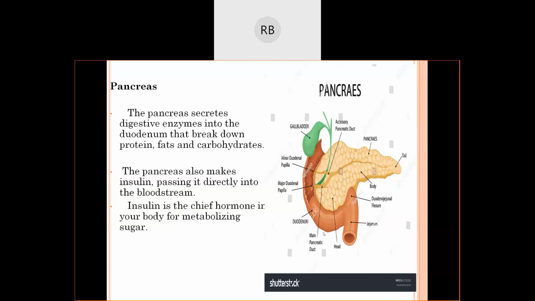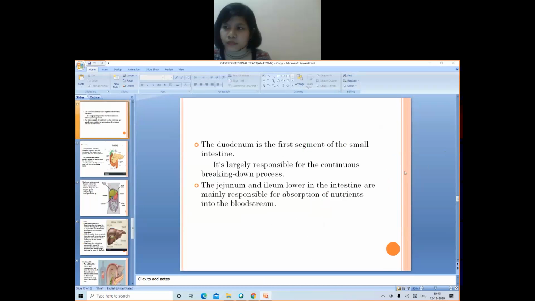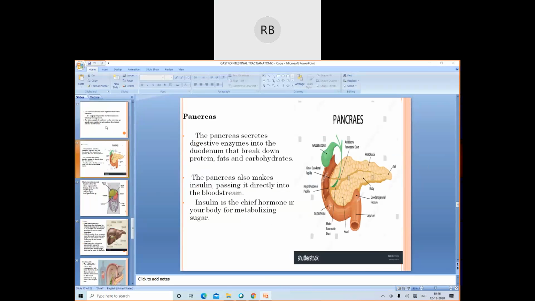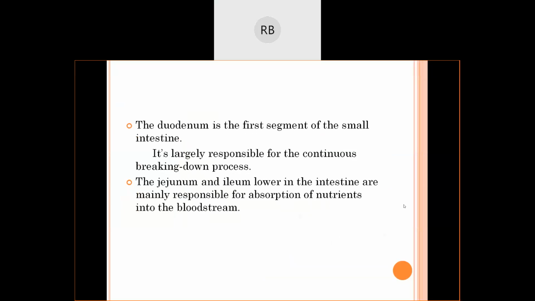You continue. The duodenum is the first segment of the small intestine.